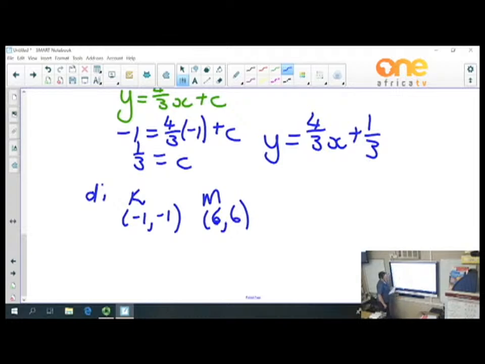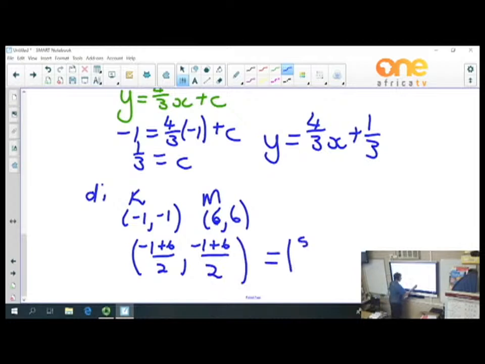So what would be the midpoint here? -1 plus 6 over 2, and then -1 plus 6 over 2, which is what? Yeah, 5 over 2, both of them. Or you can say 2.5, 2.5, it doesn't matter.